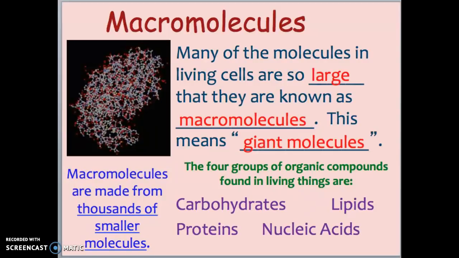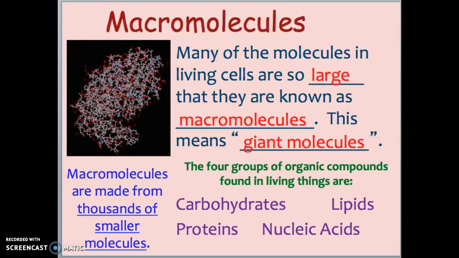A macromolecule is a polymer, and poly means many. Mer just means unit, so macromolecules are polymers of many small units. Most of the time they're repeating units, so it's more than one of the same type of thing all chained together or bonded together to form these larger molecules.